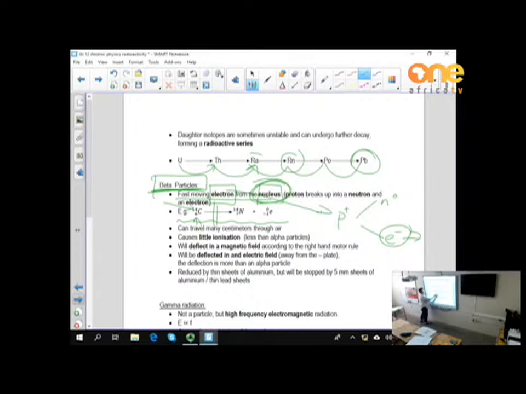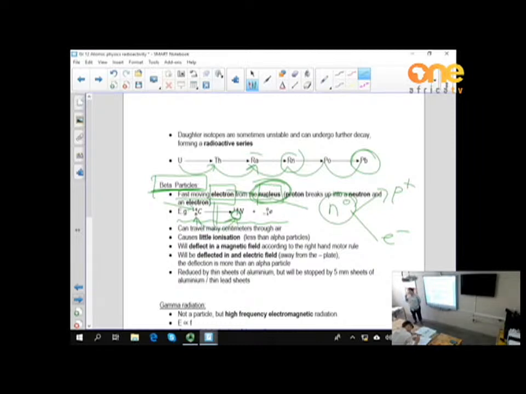So, my atomic number must increase by 1 because I get a proton in the nucleus. Sorry, it's the other way around. The neutron must break up, forming a proton and an electron, which means I will gain a proton.